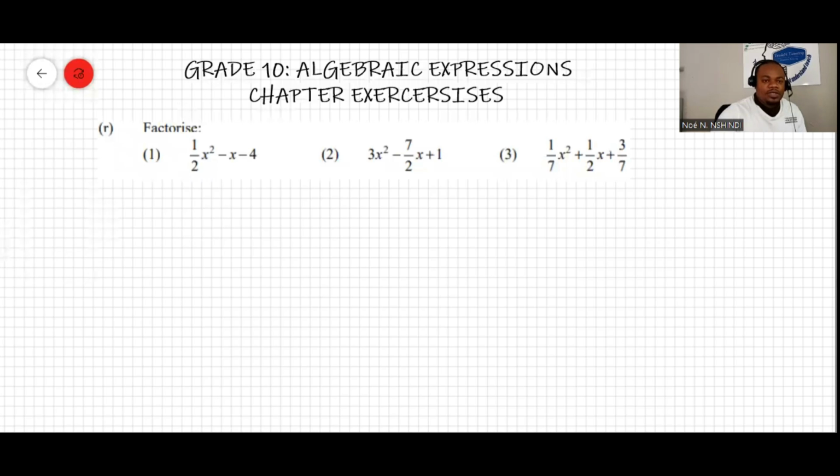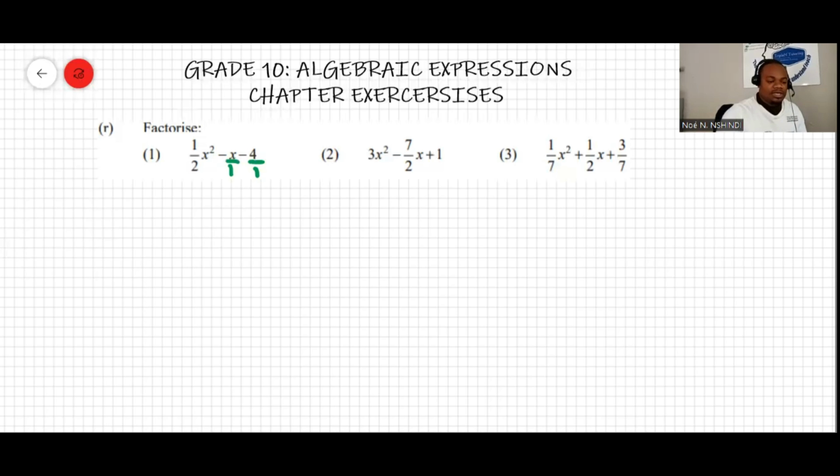Well, the question says factorize the following. Let's start by writing question 1. We need to factorize this. What can we do here? I think it is important to note that the coefficient of x squared is a fraction, so I would prefer to write everything with a common denominator. So the denominator here is 1, and there also is 1.